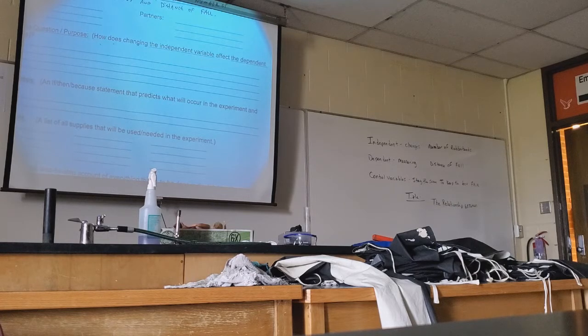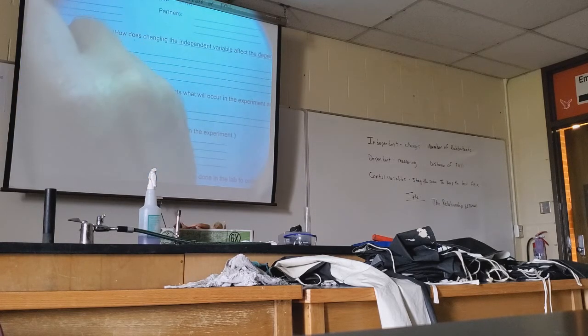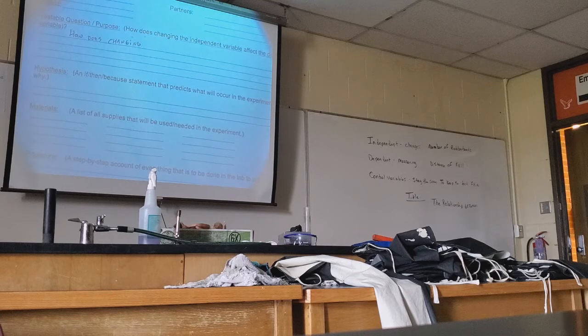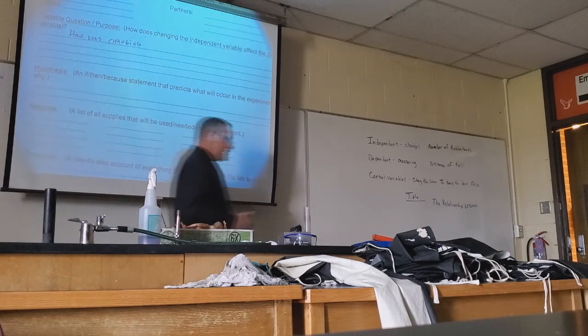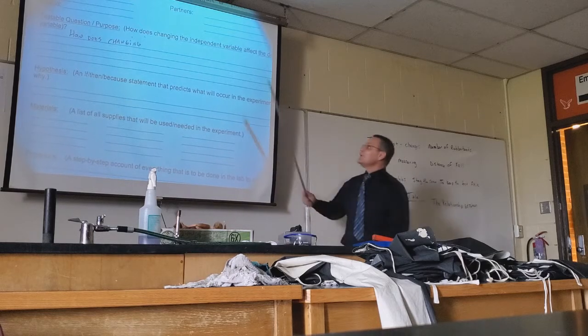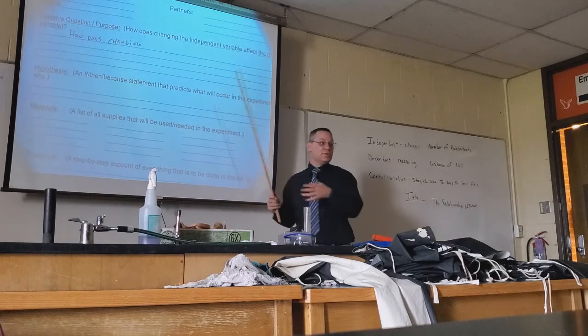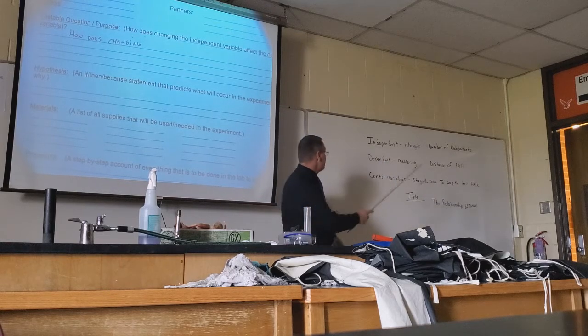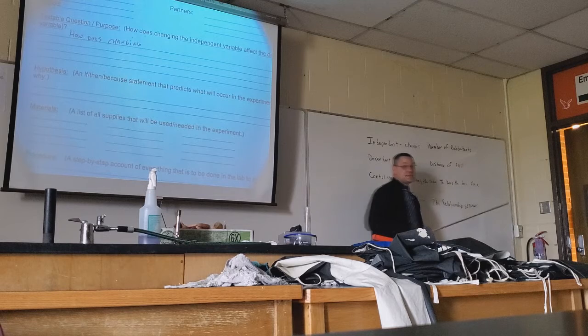You're going to write down, how does changing, and then I've got the words, the independent variable underlined. You're not going to write down the independent variable. You're going to write down the independent variable for this experiment, which we know is the number of rubber bands.